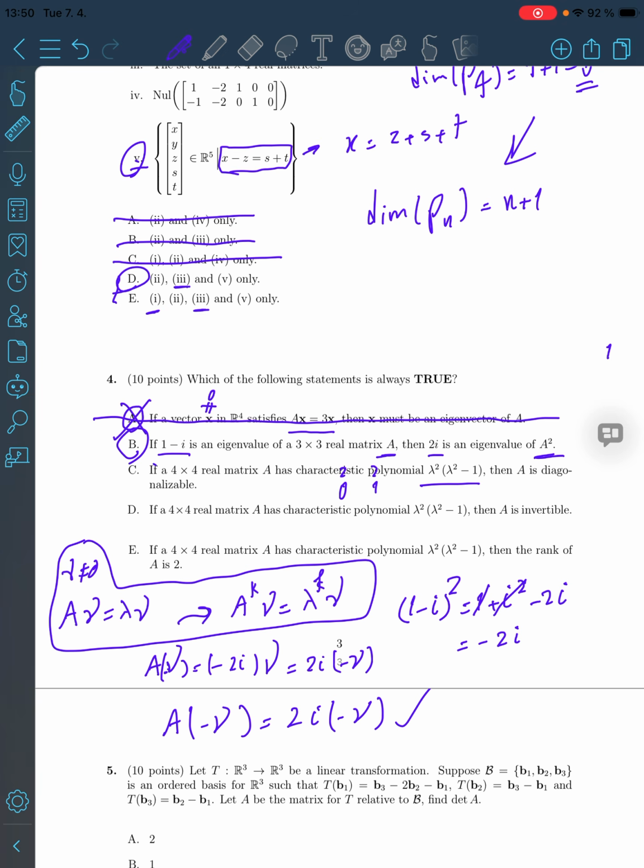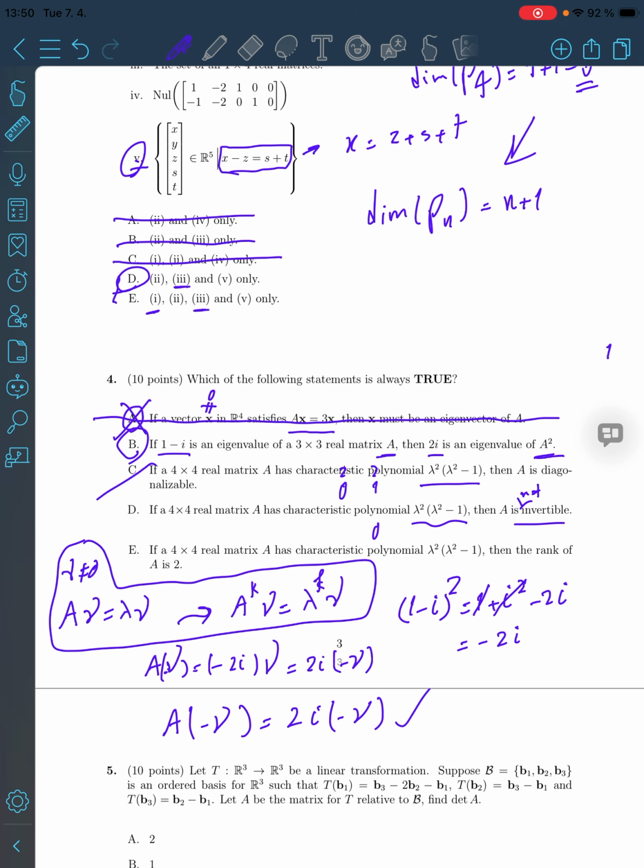Therefore this is not the answer. If A has this characteristic function, then A is not invertible. So 0 is one of the eigenvalues. And if 0 is an eigenvalue of matrix A, then A is not invertible.